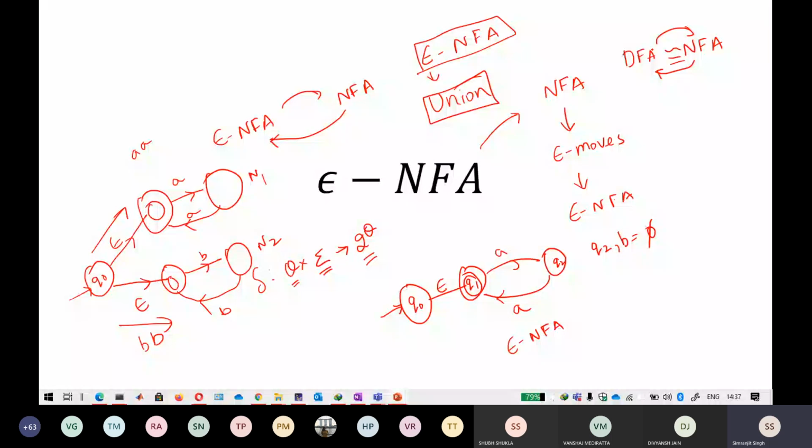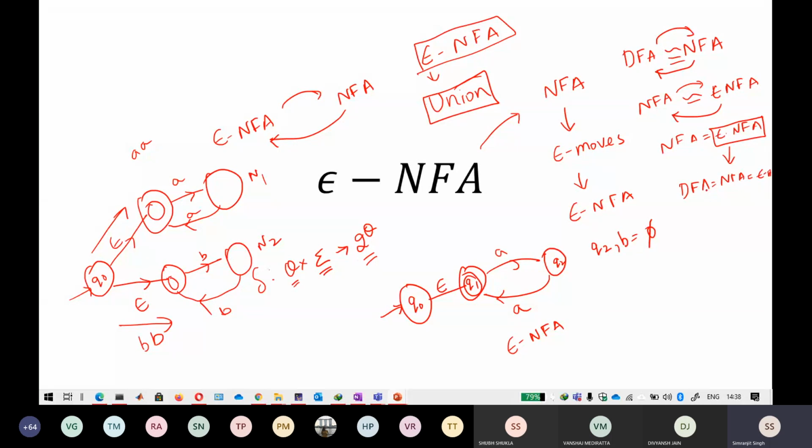In the same way, an NFA can be converted into an epsilon NFA by adding epsilon moves, and an epsilon NFA can also be converted into an NFA. I will tell you the procedure in the coming slides. NFA and epsilon NFA are equivalent in power, so epsilon NFA adds nothing. DFA is equal to NFA is equal to epsilon NFA.